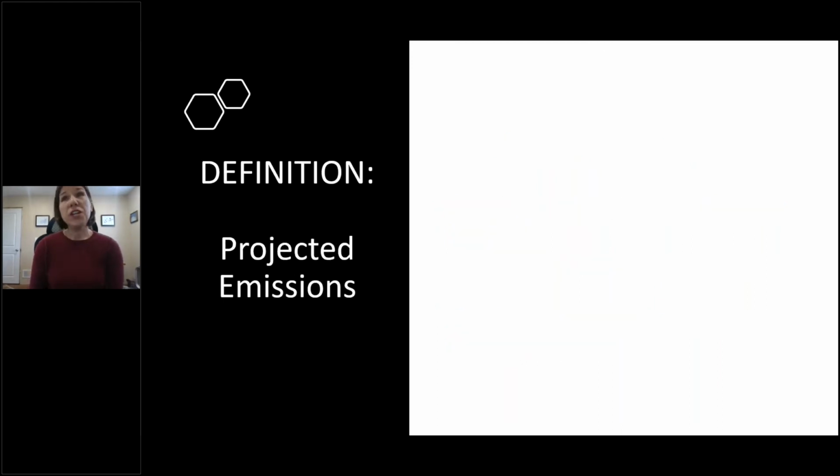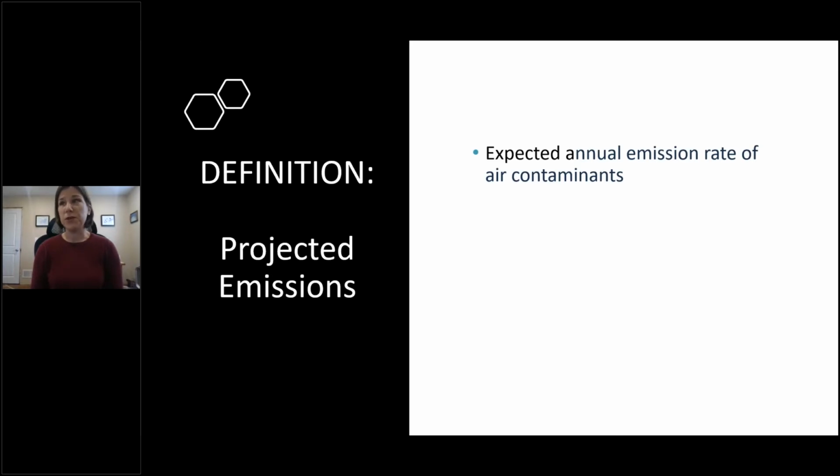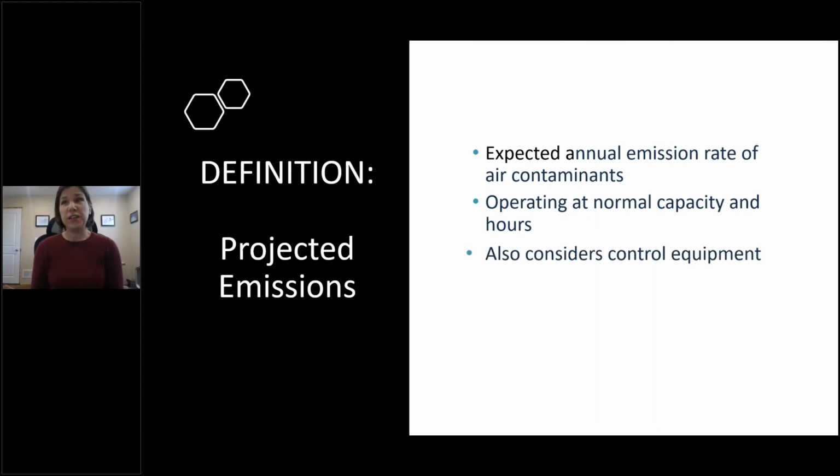Now, projected emissions are the expected annual emission rate of air contaminants from an emission unit. This should be based on how you actually expect to operate the emission unit in the foreseeable future. Projected emission calculations should consider the control equipment that you plan to use.